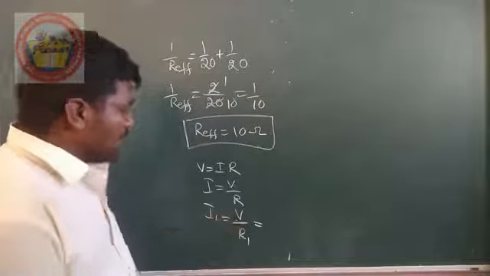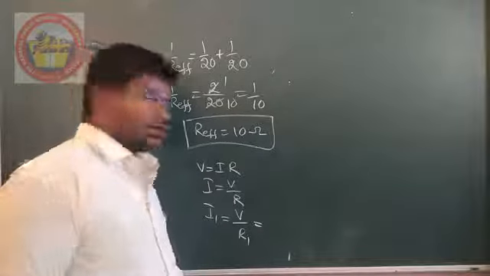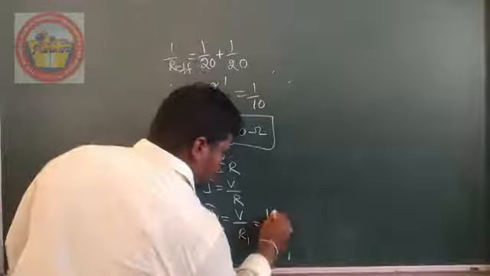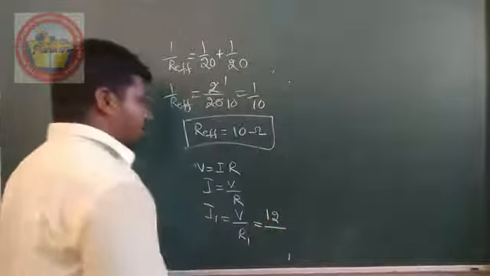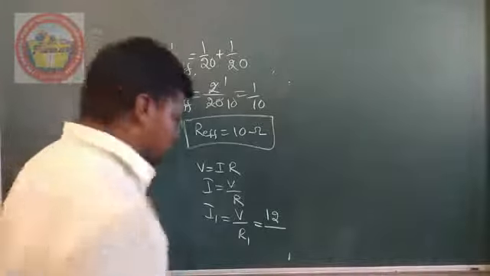So what is the value of V? V is 12 volts, divided by R1, which is 40.